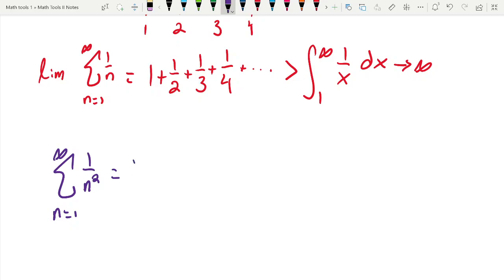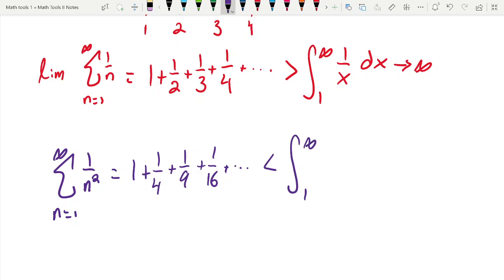So this is going to be equal to 1 plus 1/4 plus 1/9 plus 1/16, etc. If you draw out this picture, you're going to see that this is actually less than the integral from 1 to infinity of 1 over x squared dx. Okay. Again, this function right here will satisfy all the conditions. It's decreasing, it's continuous, and it's equal to 1 over n squared on this interval.